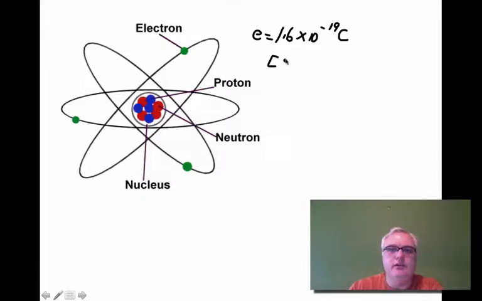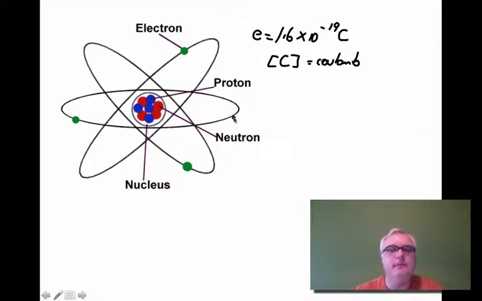The unit for electric charge is an uppercase C, which is a coulomb. So the electron and the proton each have the same magnitude of charge, but they're opposite in sign. Protons obviously are positively charged, electrons negatively charged. So if an atom has an equal number of protons and electrons, it will have no charge.